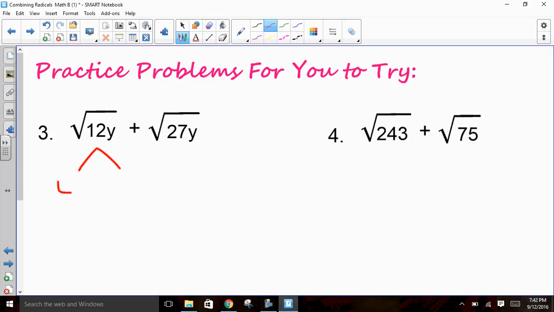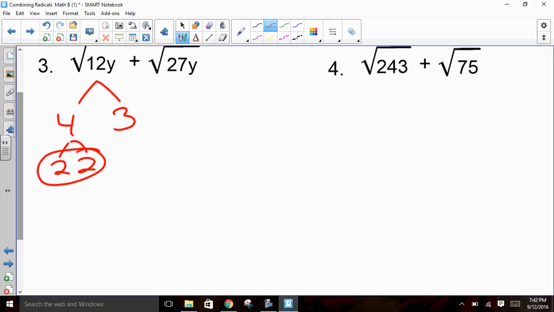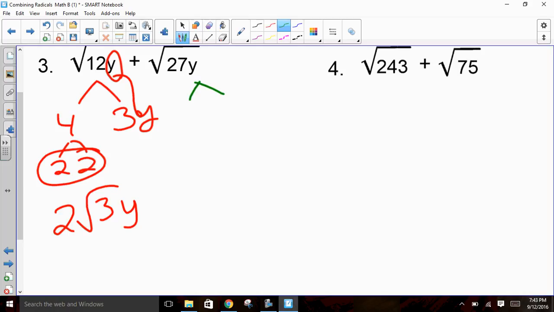12 is equal to 4 times 3. 4 breaks down to 2 and 2. There's my buddies. Now I only have one y hanging out, so my y is going to hang out with my 3. So I have 2 square root of 3y. 27, we just saw again, was 9, which broke down to 3 and 3 and 3.